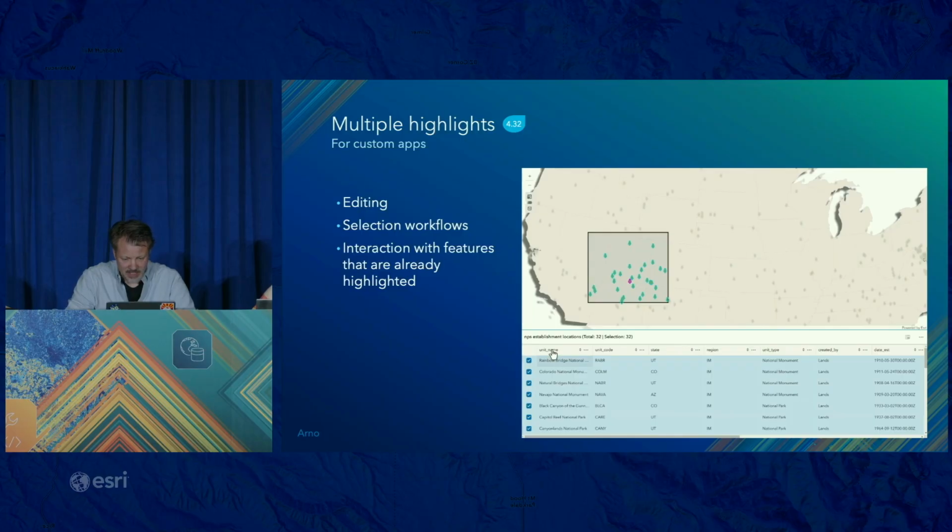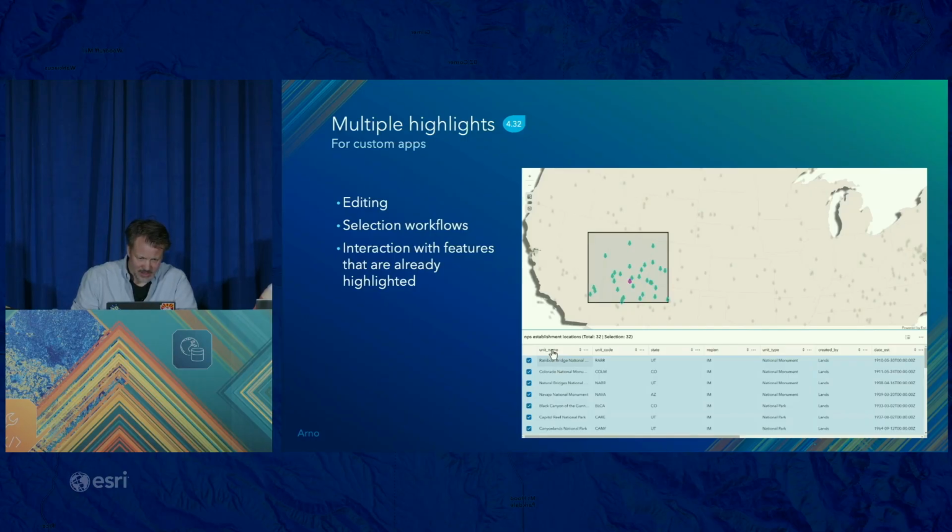You were always able to change the color, but now you can have multiple colors for different layers, but also, for example, when you specifically select something, you can set the color for that as well.